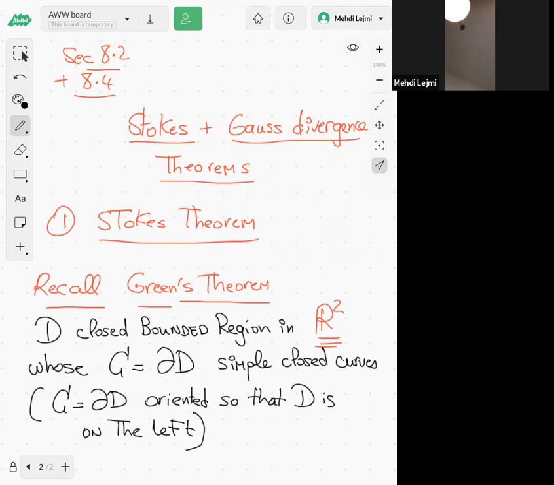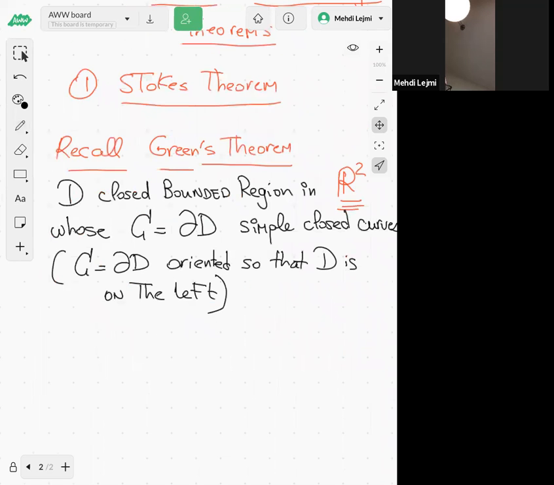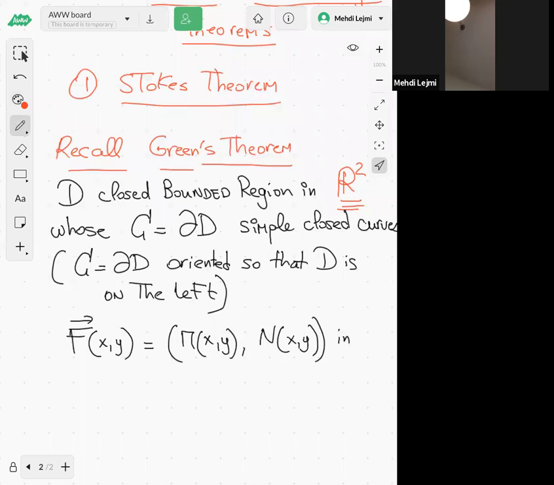Anyway, we have the vector field F in R2. It has two components, two functions, M and N, right? Everything here is in R2, okay? And so Green's theorem says the following.